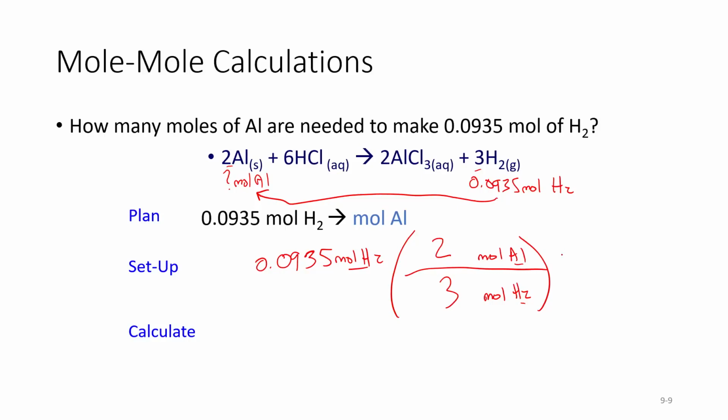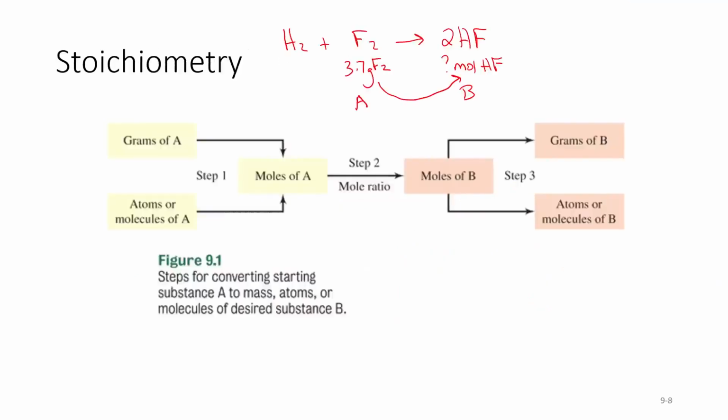And we get 0.0623 moles of Al. Now why did we do that? Well, we're still going moles to moles. So we started with moles of A, we can go directly to moles of the second substance.